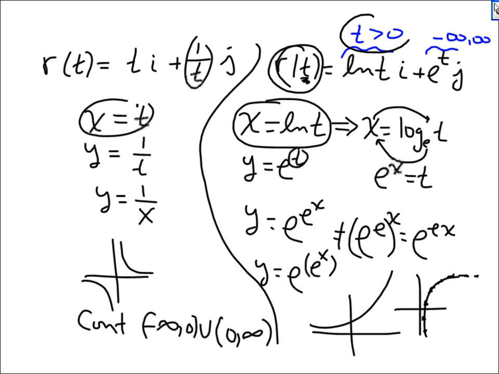And the answer is t just has to be bigger than 0. They're asking for the t values that make r of t continuous, not the x values. That's why I was a bit slow in answering that. I looked up the answer and it didn't really help much, to be honest. I had to argue it through.